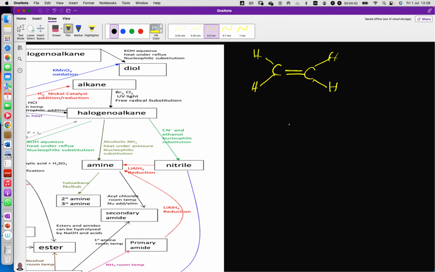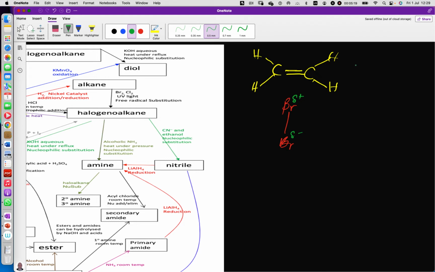When ethene reacts with a bromine molecule, because of the pi electrons here, high electron density in this region, they are going to induce a partial negative charge here and a partial positive charge. This is going to be a plus, and this is going to be a negative. This one attaches itself here, and the other one will attach itself here.